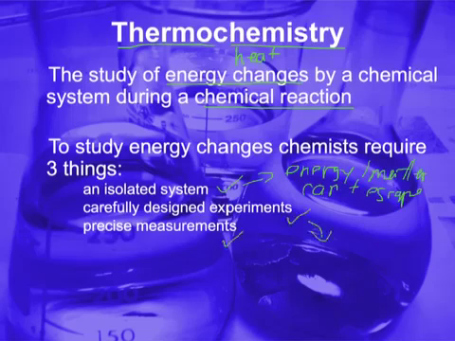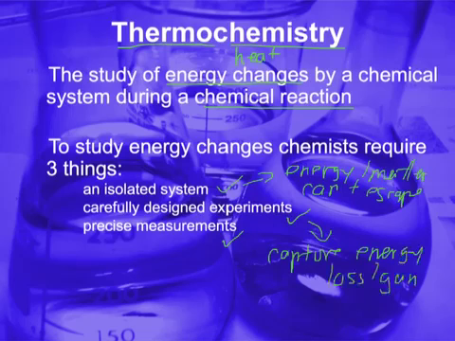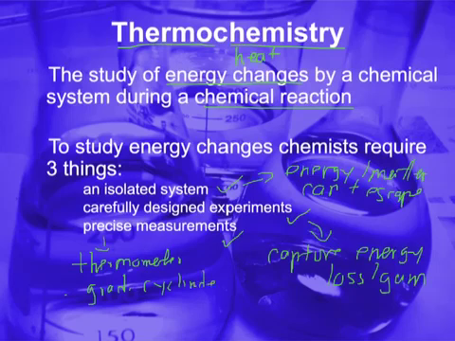The designed experiments must capture all the energy loss or gain by our chemical reaction. And we must measure these precisely using a thermometer as well as a graduated cylinder. It is not necessary to use something as precise as a pipette.